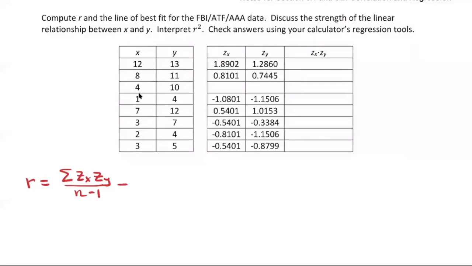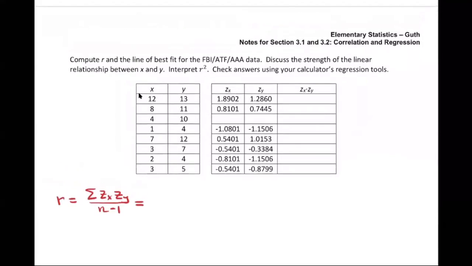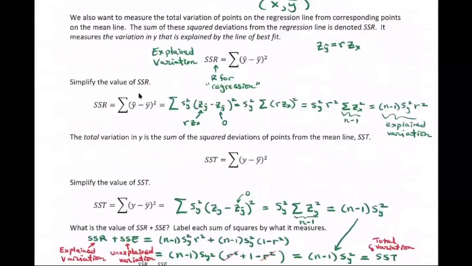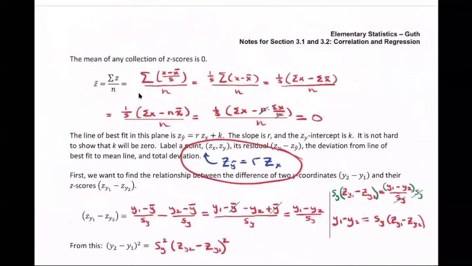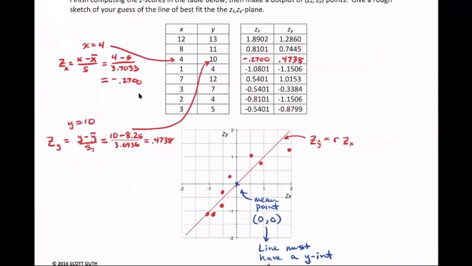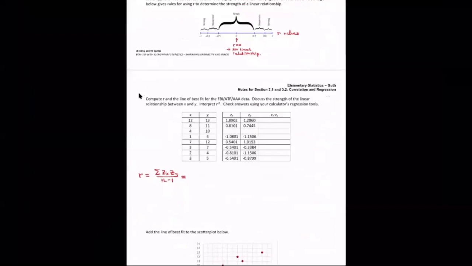So we're going to compute that here. We've already computed those two missing z-scores, so I have to go back and grab those way back here. Okay, so copy that to this page here.